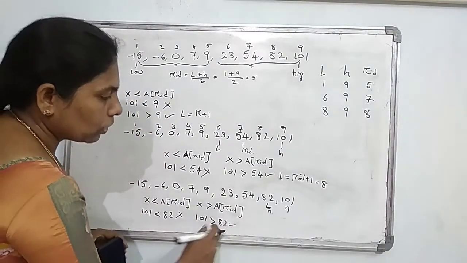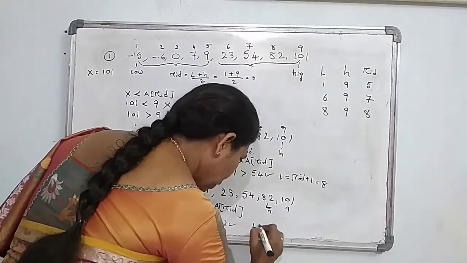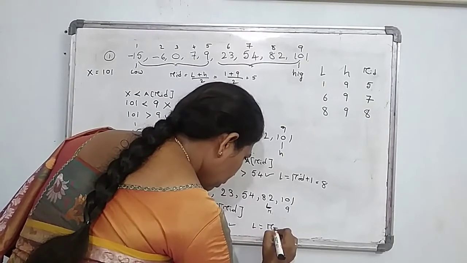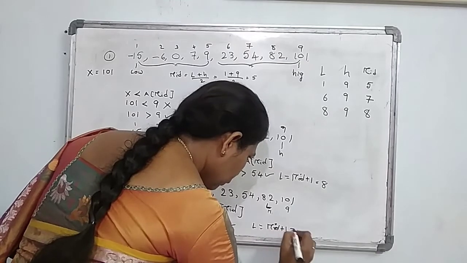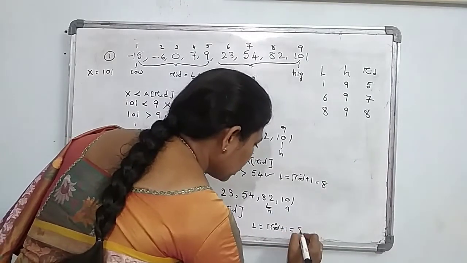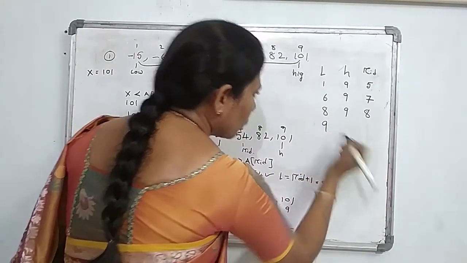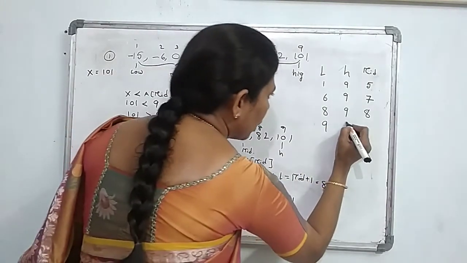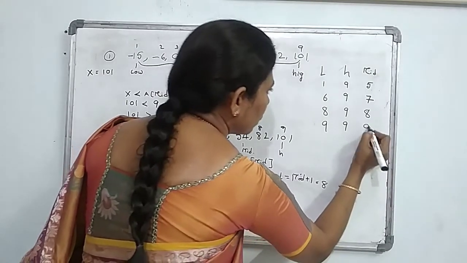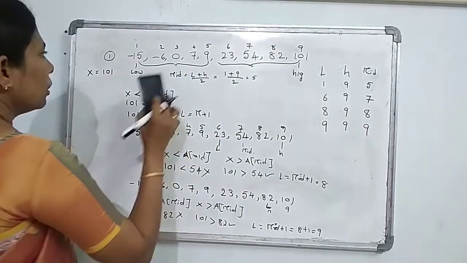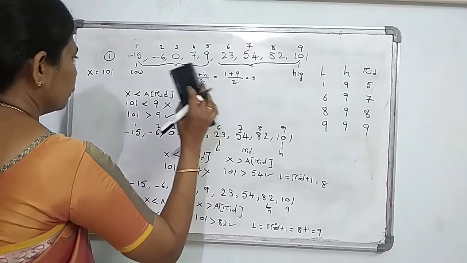At that time, you take the low value: low equals mid plus 1. That means mid is 8, 8 plus 1 equals 9. So at that time, low equals 9, high equals 9, mid is also 9. Again you take the elements.